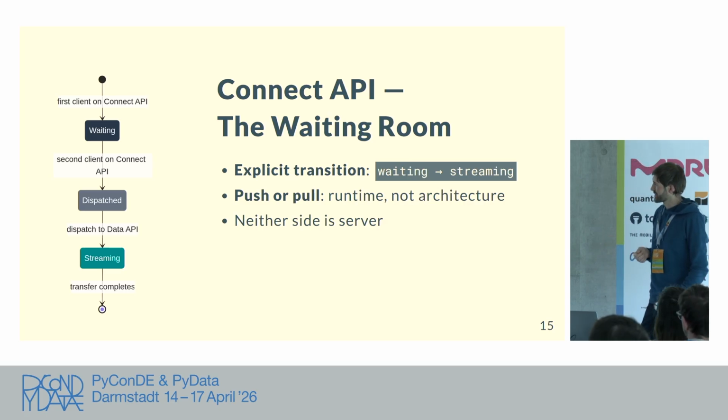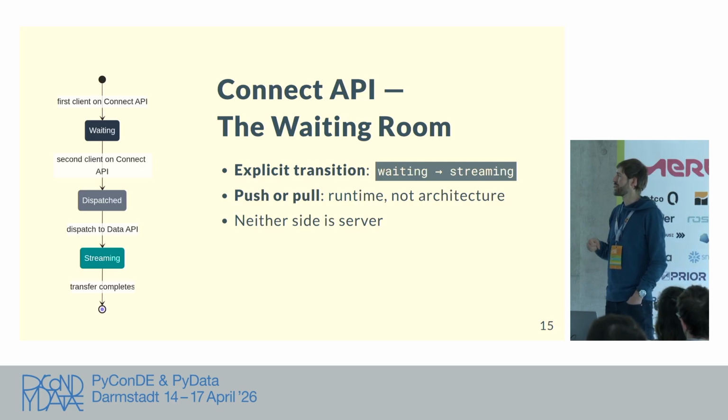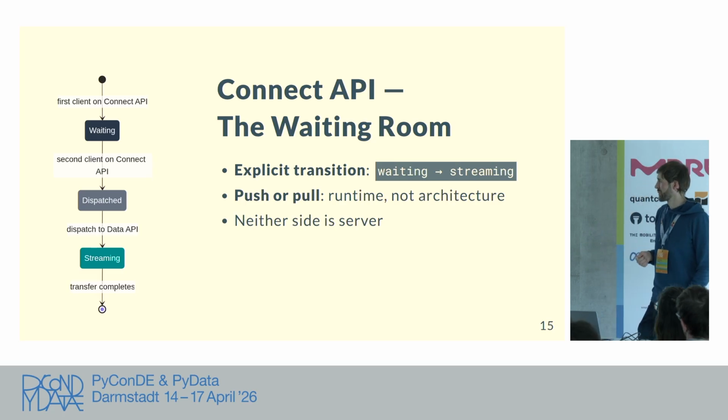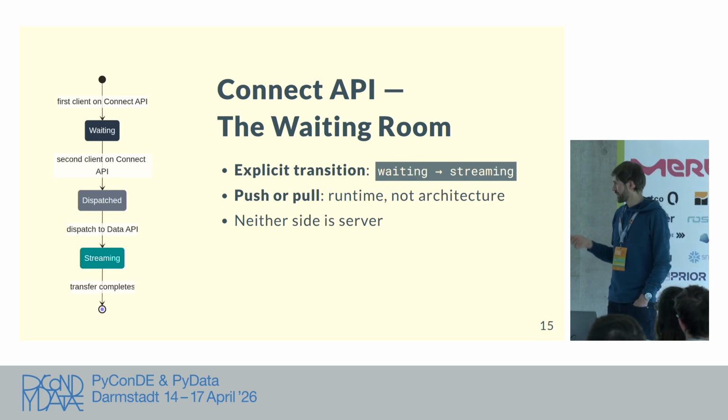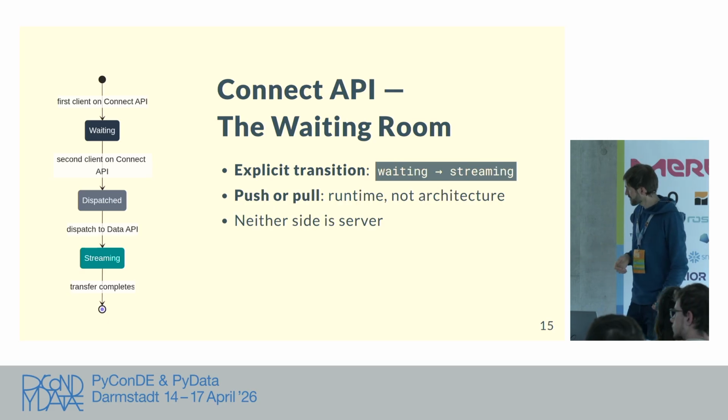When the second client connects, both meet, it's a rendezvous system, and get dispatched and sent to the data API. That's the relay that we just saw. So we know both are there. They know we can transfer data. They connect to the streaming API. They stream via the data API and transfer the data. Transfer completes. We are done.